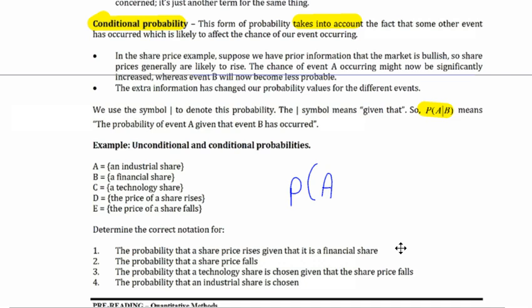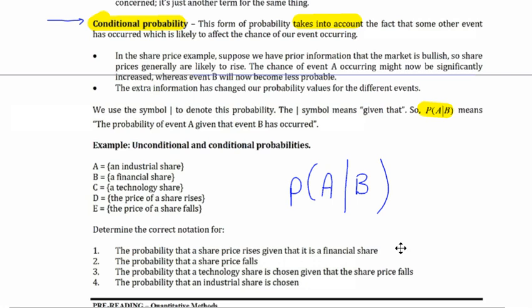The line down means "given that" event B has already occurred. Can you see that? So that's called conditional. What's my probability of A happening given that B has already occurred? Is everybody comfortable with that?